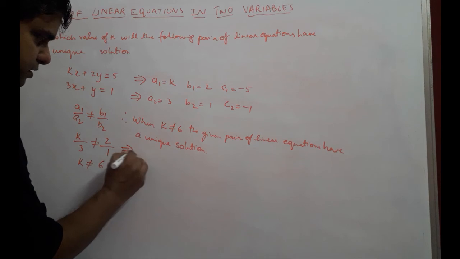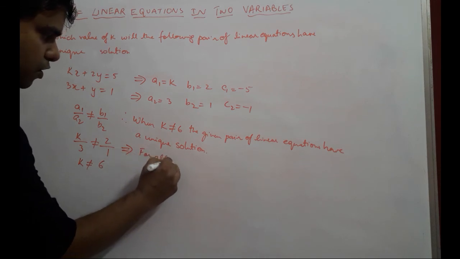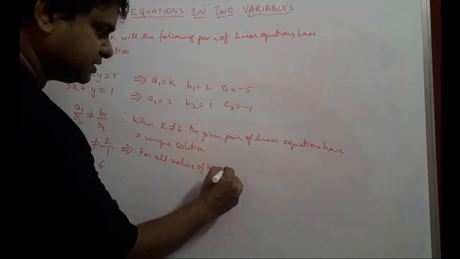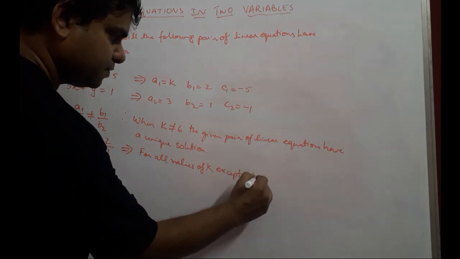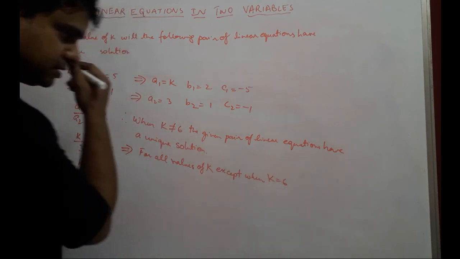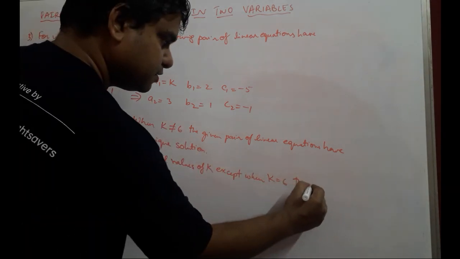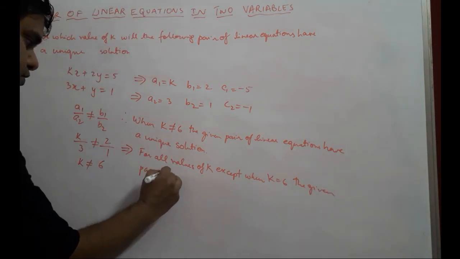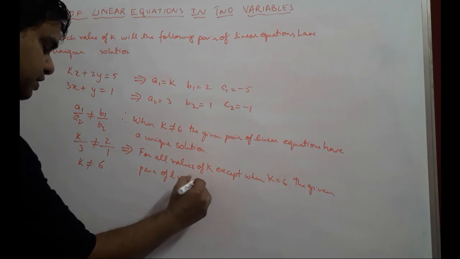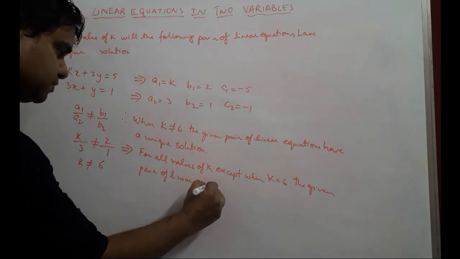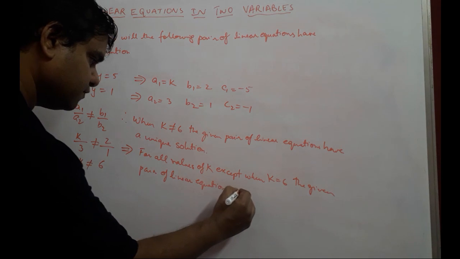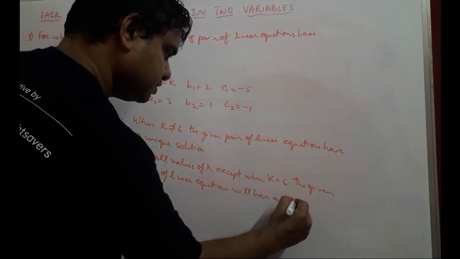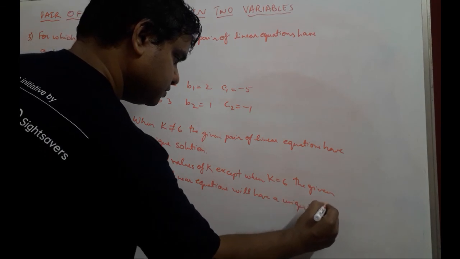So this implies for all values of k except when k is equal to 6, the given pair of linear equations will have a unique solution.